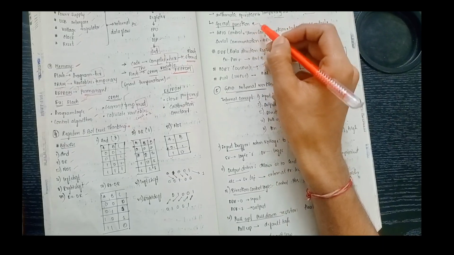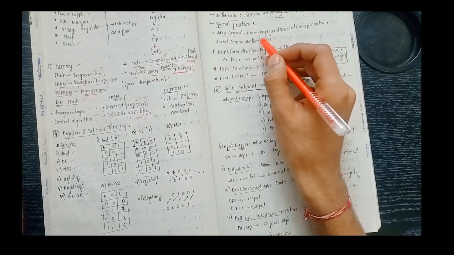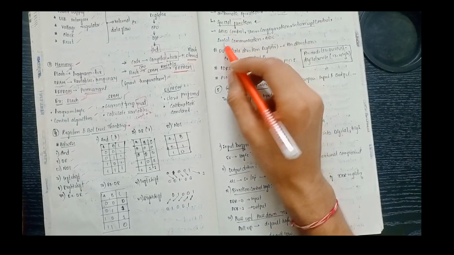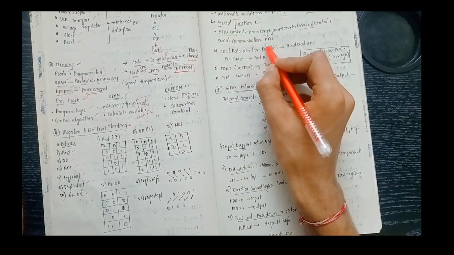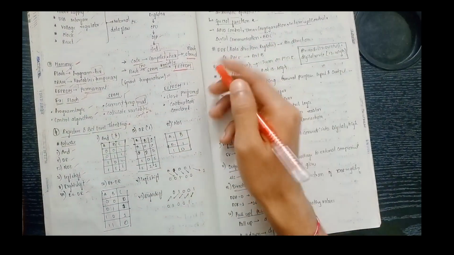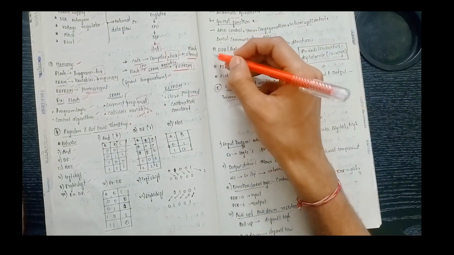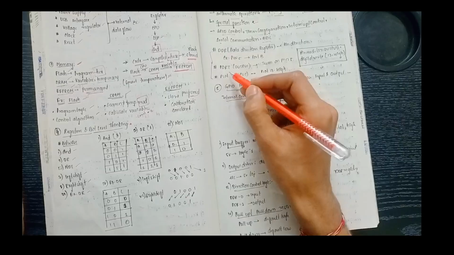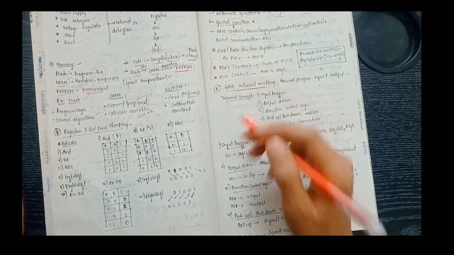Special function registers are used for GPIO control, timer configuration and interrupt control, along with serial communication and ADC. These are the registers which have been already discussed: DDR, PORT and PIN.